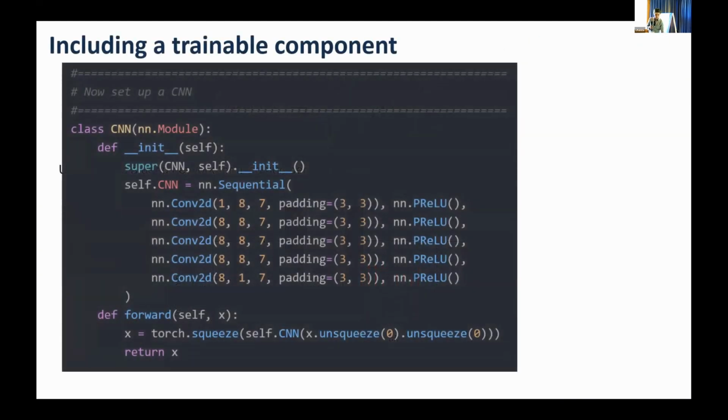Right, so the observation I wanted you to make was that, maybe it was already written on the slide, but that had no trainable parameters in it, okay? So now what I'm doing is taking a classic convolutional neural network, which is another class in Python, where I'm making, again, use of the torch.nn module.